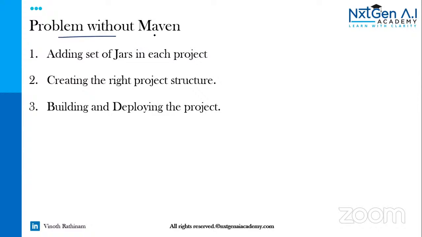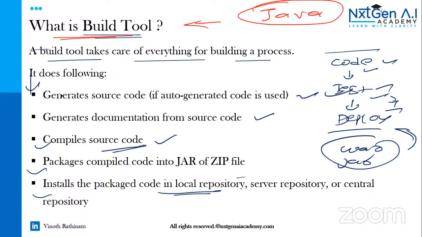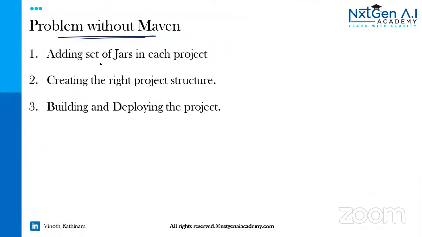But what is the problem without Maven? In order to do these many tasks, the developer has to add jar files for everything. If you remember, we downloaded the jar files of Java, and sometimes the version changes. So we downloaded different versions of the Selenium jar file.